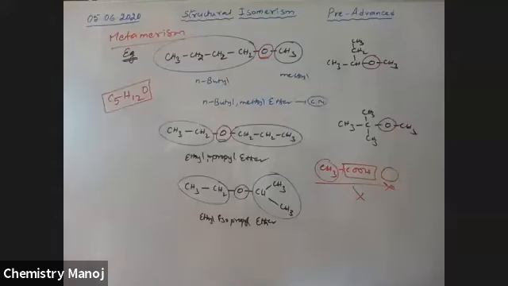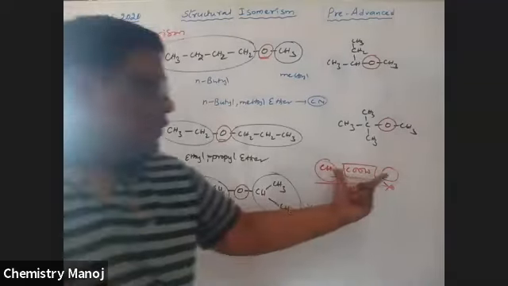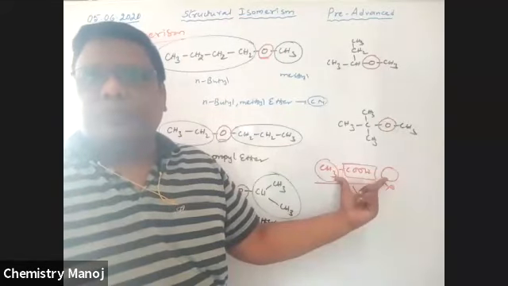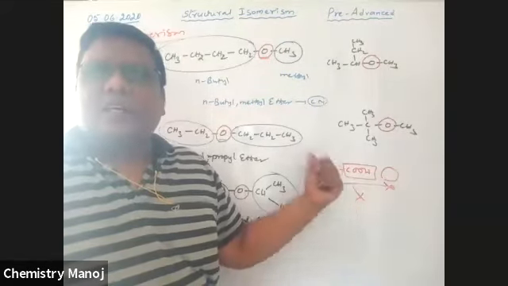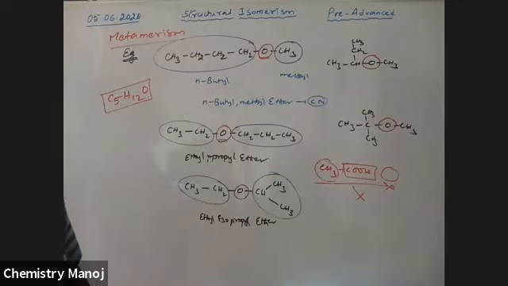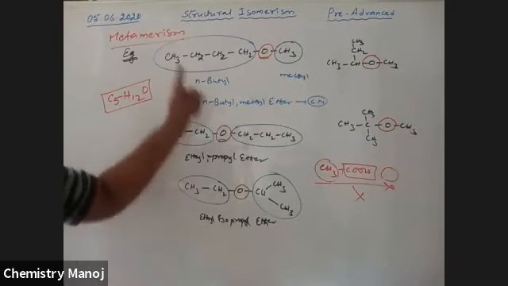That's why metamerism cannot be explained here. For monovalent functional groups, metamerism is not possible because a minimum of two alkyl groups must exist for a particular functional group. Functional groups with a single free valency do not show this isomerism.